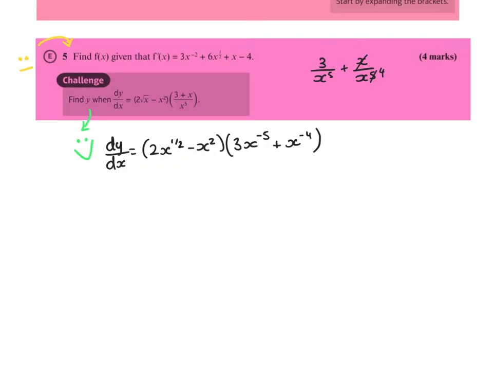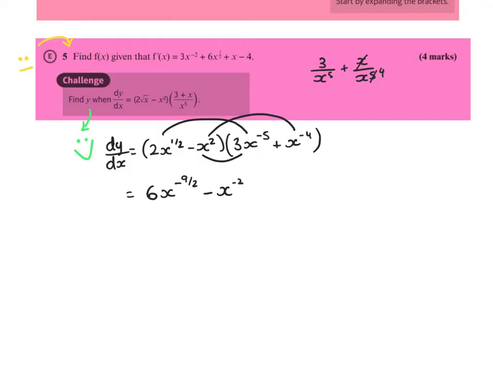We're now going to expand these brackets. 2x to the power of half times 3x to the power of minus 5 is 6x. Remember, when we multiply powers, we add them. A half minus 5 is minus 9 over 2. Okay? Then minus x squared multiplied by positive x to the power of minus 4 is negative x to the minus 2, because we add the powers.